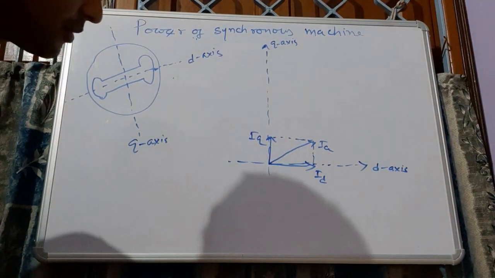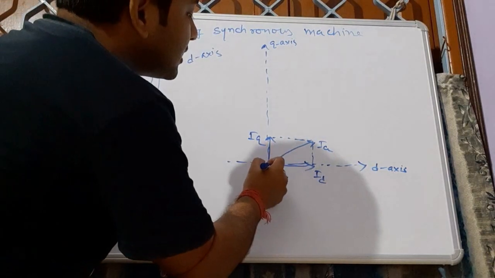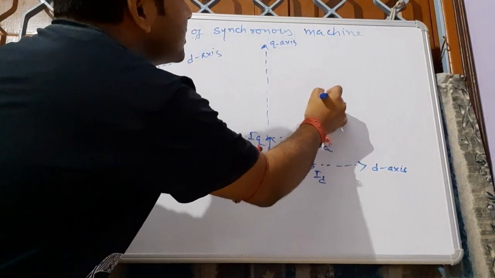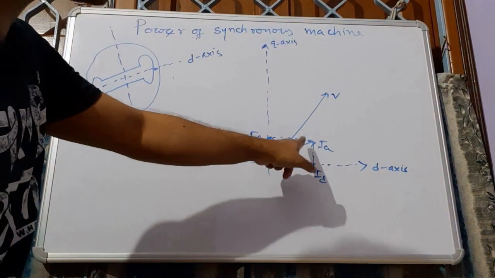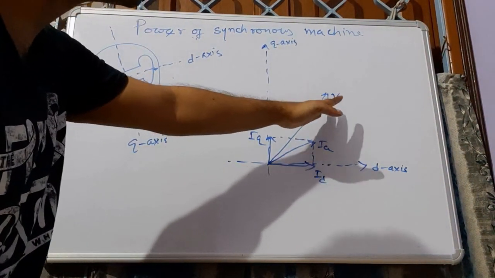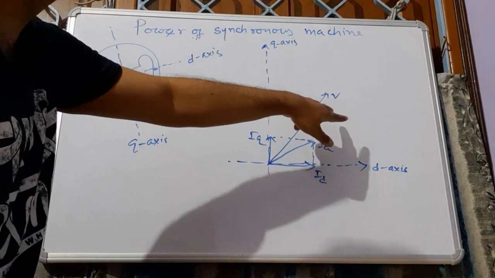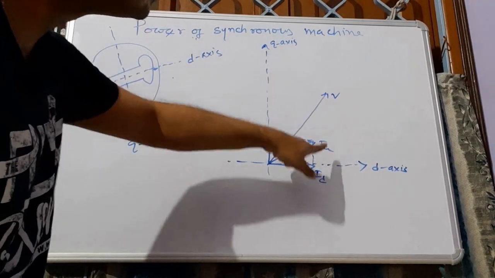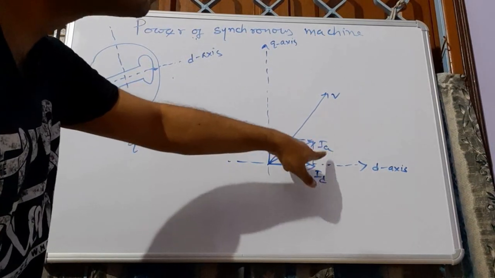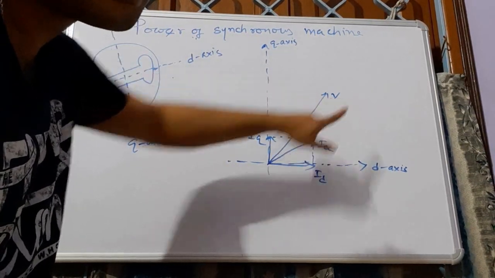Now, say this is your terminal voltage V. We can consider this for lagging power factor, so the current is lagging behind the terminal voltage V.